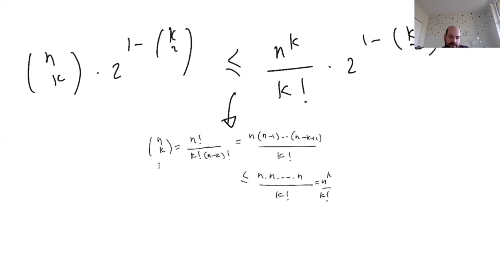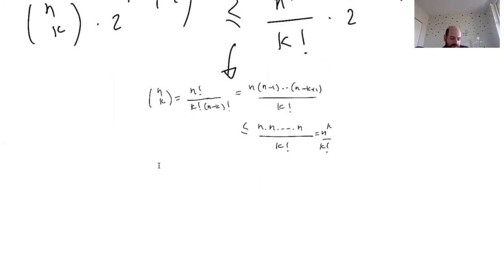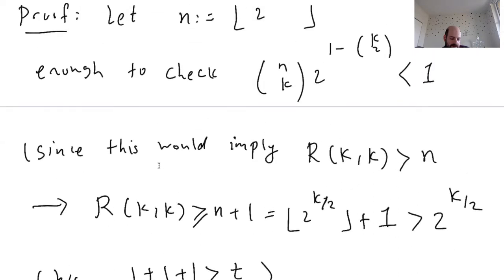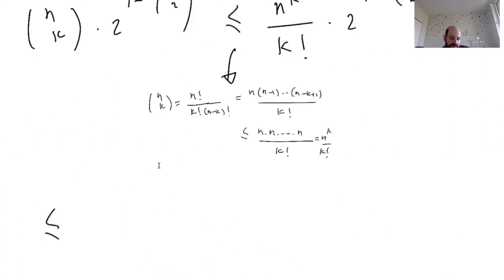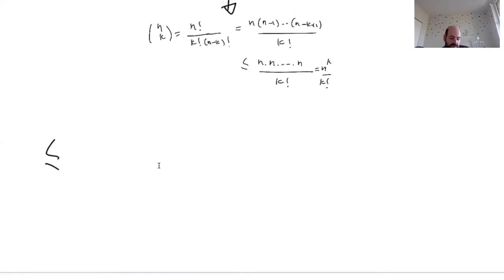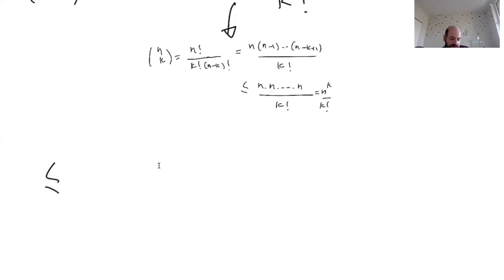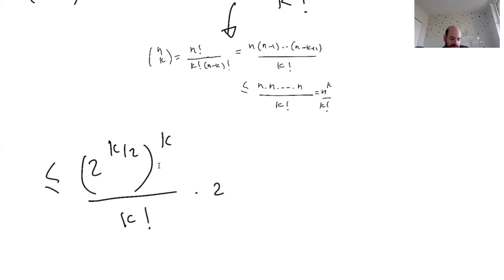And then this one is less than or equal to, well, n is floor of 2 to the power k over 2. So we can say that it's less than or equal to 2 to the power k over 2, to the power k, which is going to be 2 to the power k squared over 2, divided by k factorial, times 2 to the power 1 minus k choose 2.